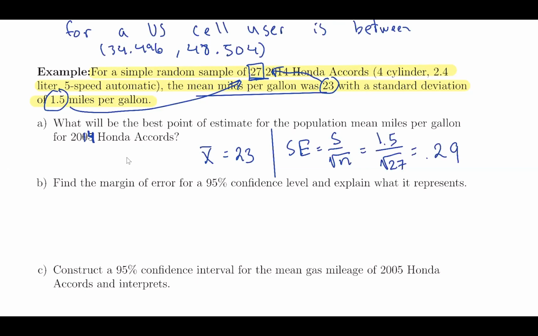So let's finish off the margin of error. For the margin of error, we do t alpha divided by 2 multiplied by the standard error. I already found the standard error to be 0.29. Now we have to find what t is. Remember, for t we have to find two things: alpha divided by 2, and the degrees of freedom.